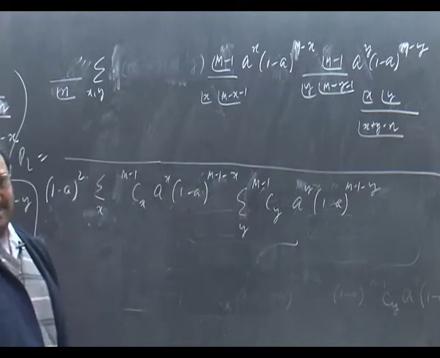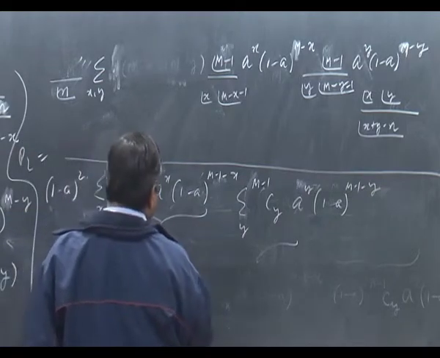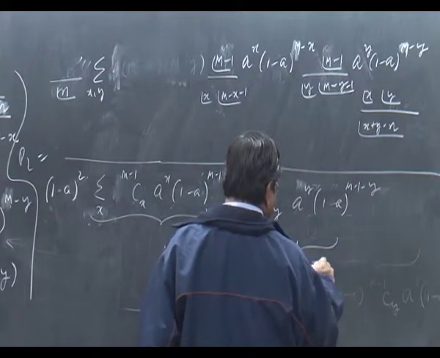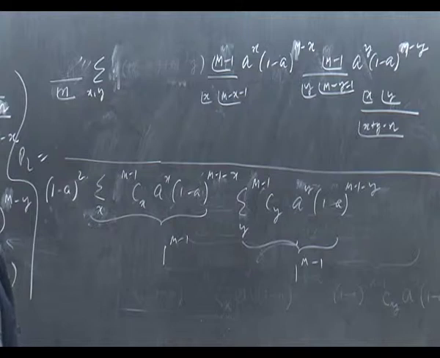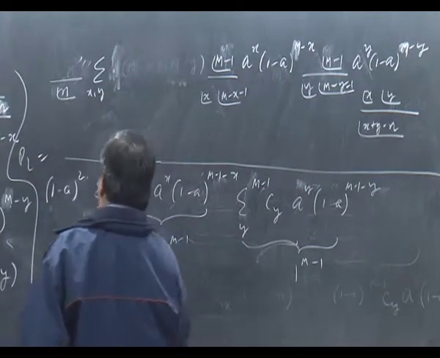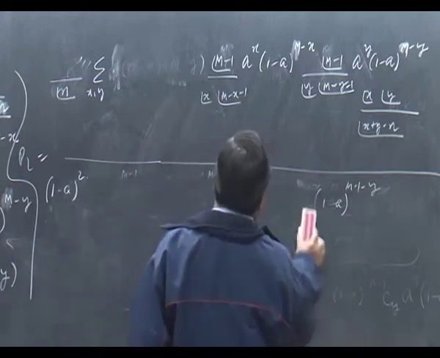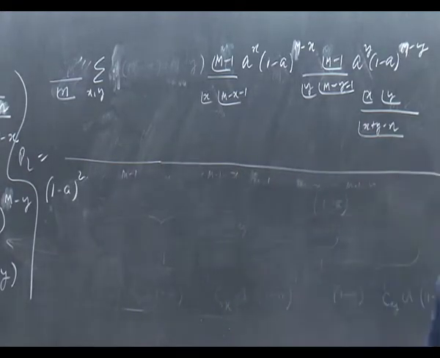That is possible. This thing is nothing but 1 raised to the power m minus 1, which is equal to 1. So this whole denominator is gone. Perfect. You have only 1 minus a square.